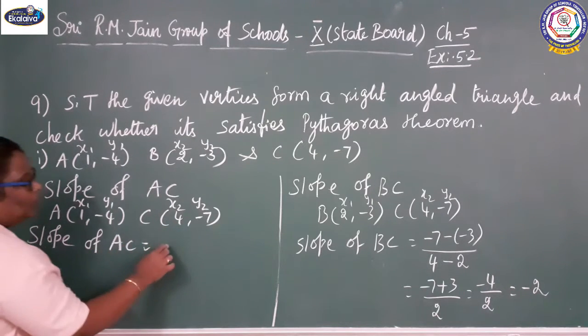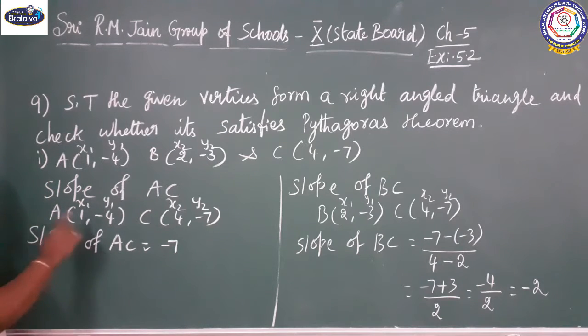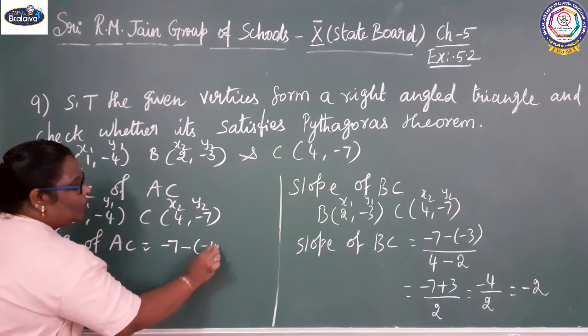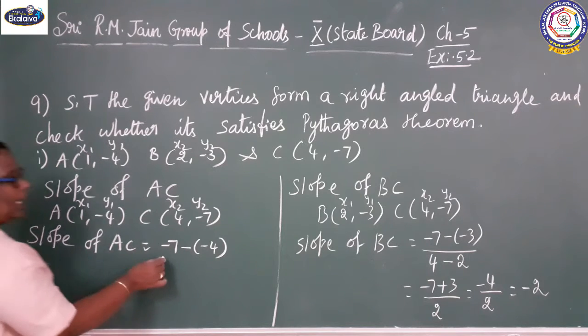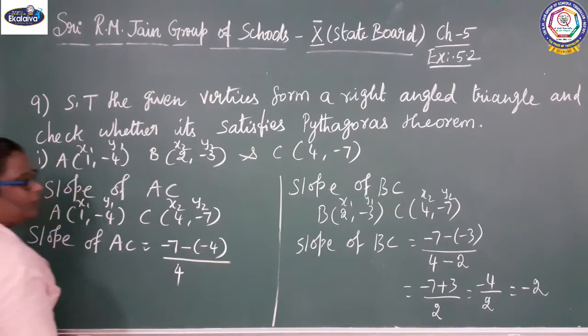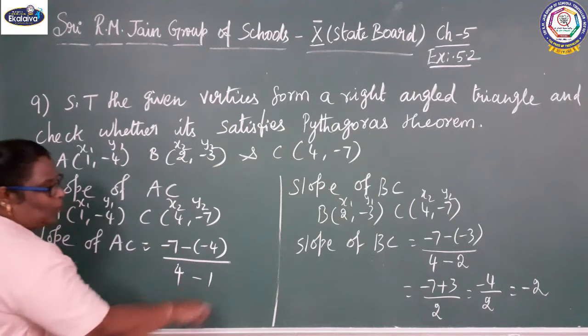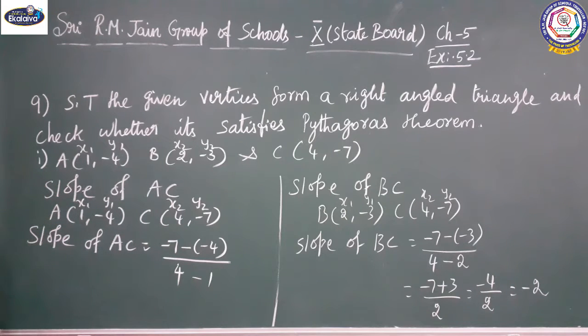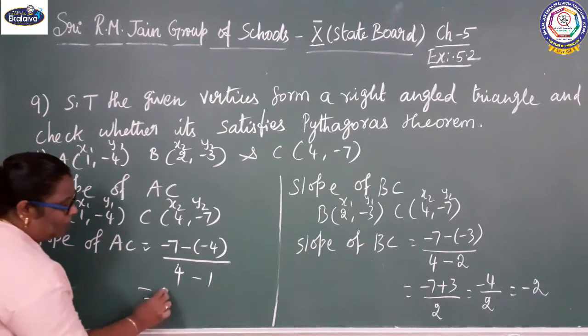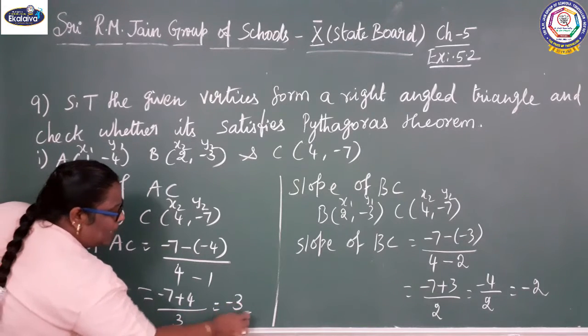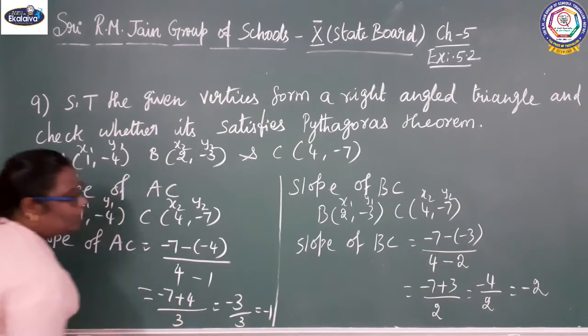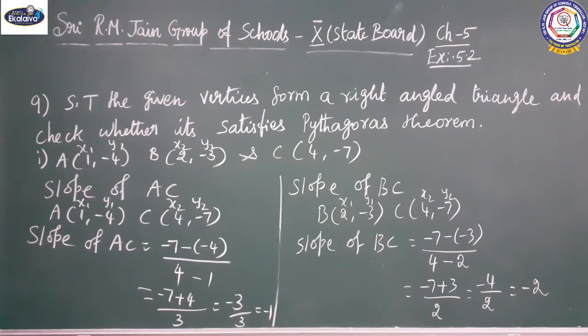What is y2? Minus 7, minus y1, minus of minus 4, by x2 is 4 minus 1. So what is the value? Minus 7 plus 4 by 3. So it gives minus 3 by 3 equals minus 1.